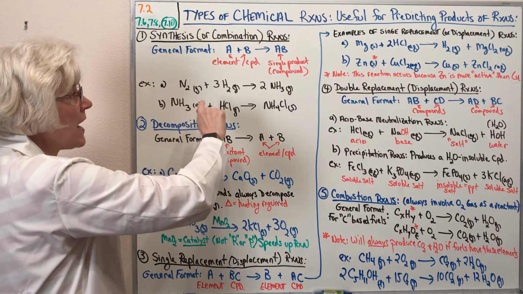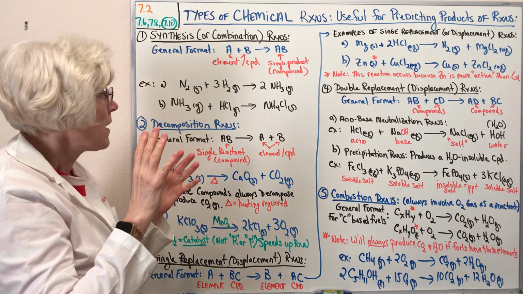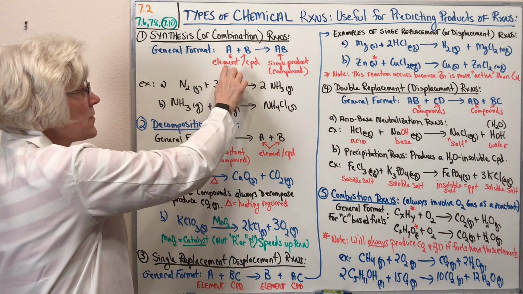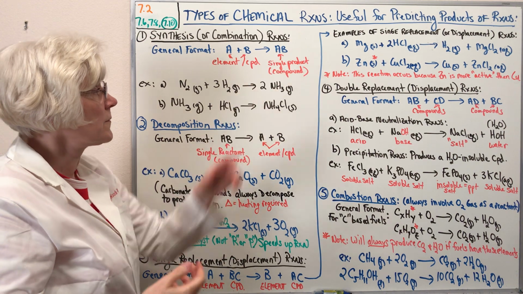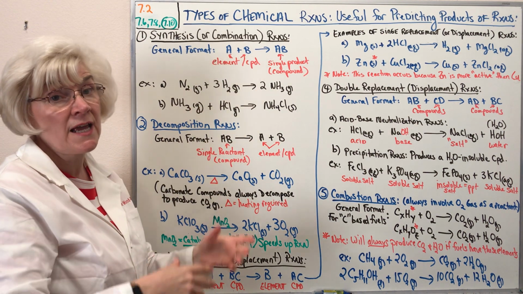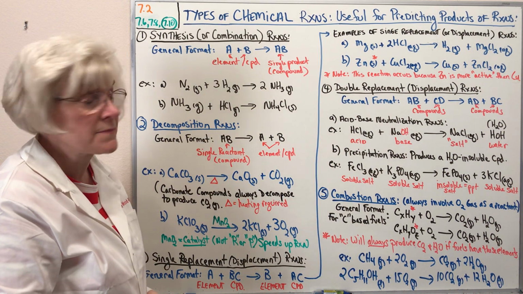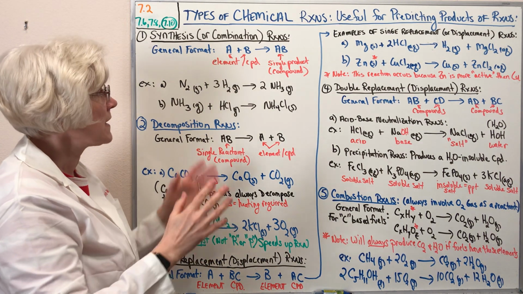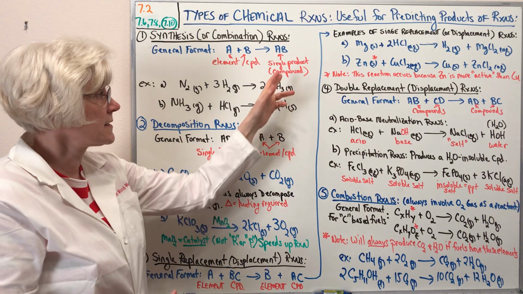In a synthesis or combination reaction, you have usually 2 different reactants, either elements or compounds, and they react to form one single product that clearly would have to contain all of the elements found in the reactants. So A plus B, element or compound, either one, reacting to give you a single product that must be a compound.